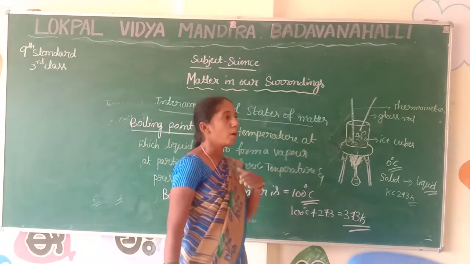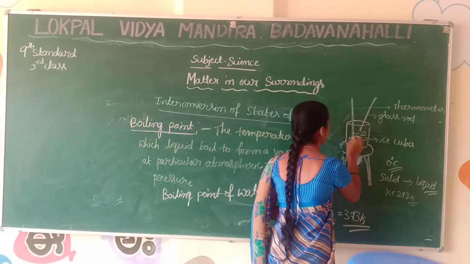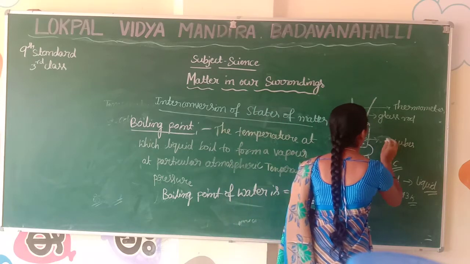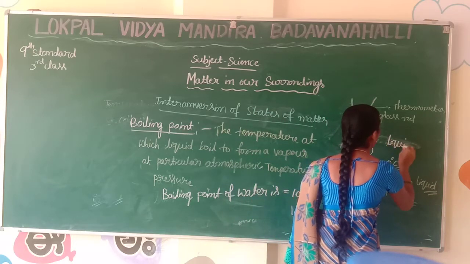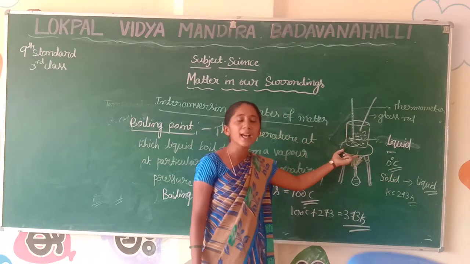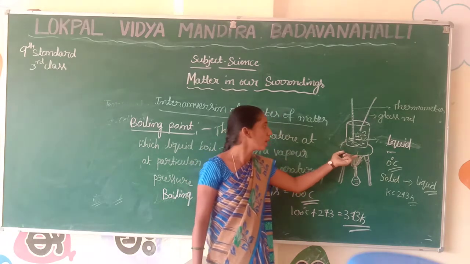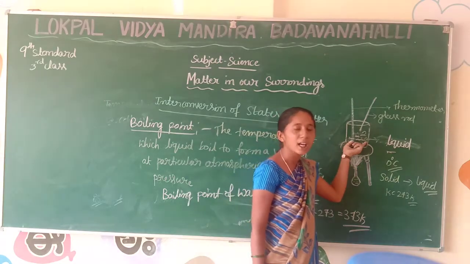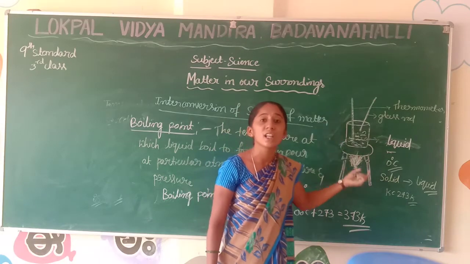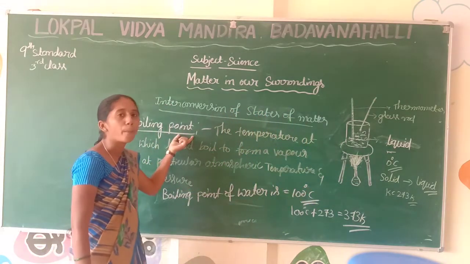Students, when we provide heat to the liquid form of water at a particular temperature and atmospheric pressure, the liquid form of water gets converted into gaseous form, the vapor form. That process we call the boiling process.